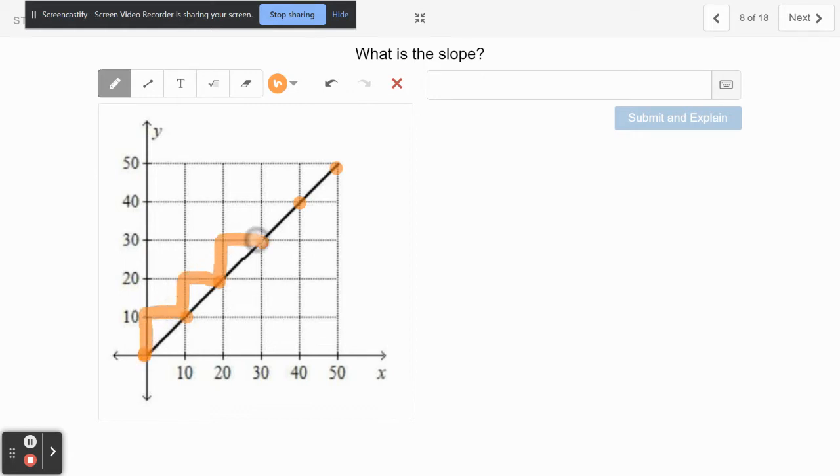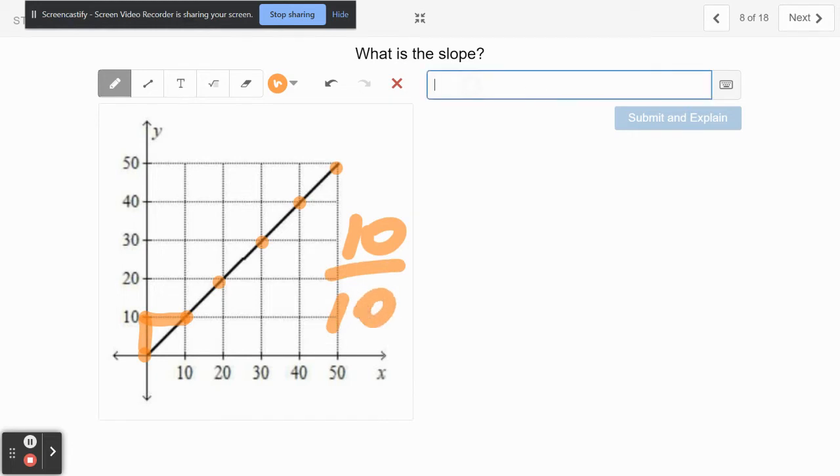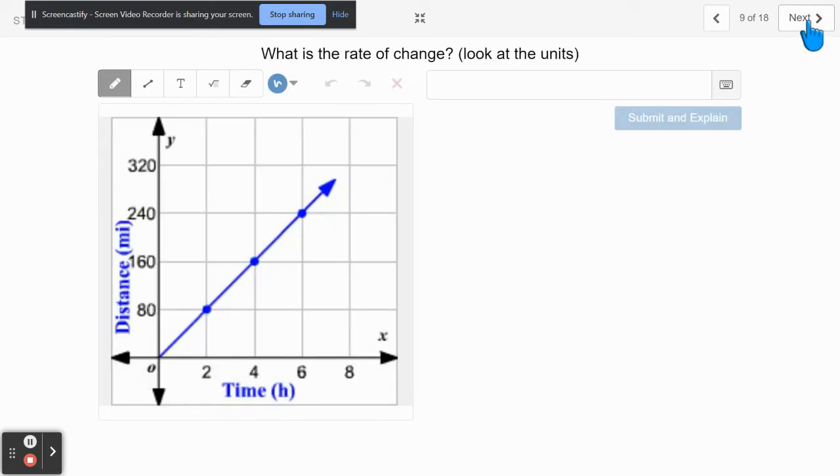Rise, run, rise, and run. What is it rising and running? It's rising 10, running 10. Well, 10 over 10 can be reduced to 1 whole. If you put 10 over 10, it's not wrong, but the slope simplified is 1.